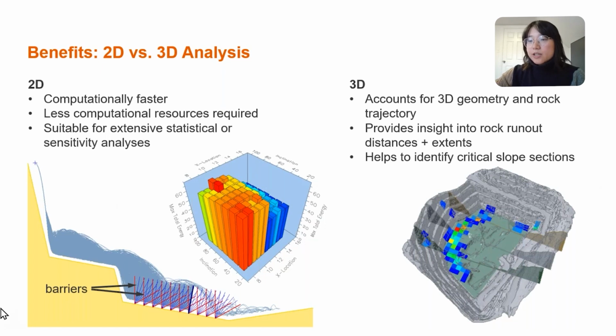Or multiple sections can be exported to 2D to compare rockfall hazard among these sections. Because there are advantages to either the 2D or 3D analysis, RocFall2 and RocFall3 were designed to work together. And later in the demo, I will show some of the integrations.